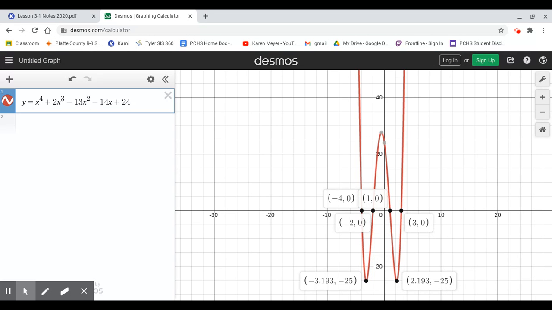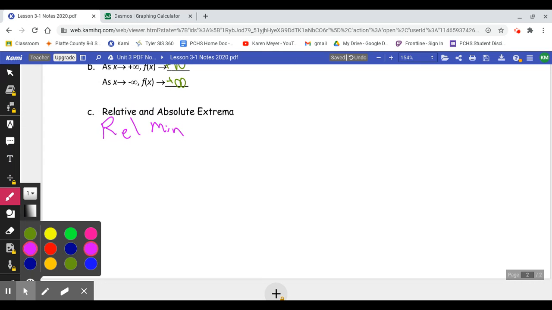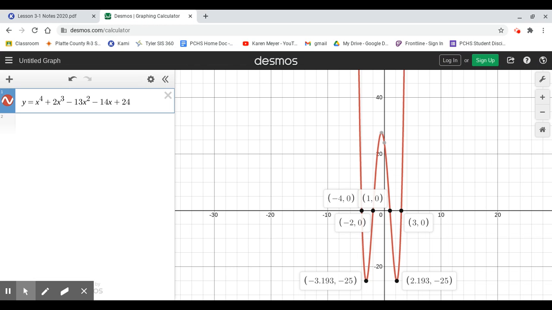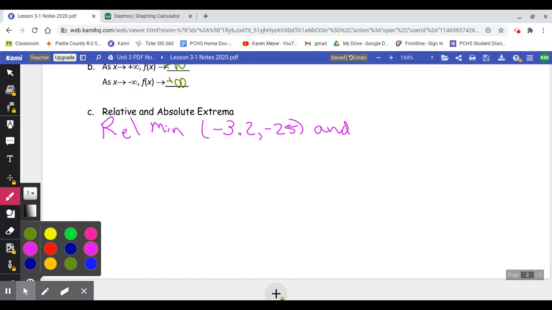And then I'm going to take the ordered pairs they give me and round to the tenths. So instead of rounding out several places like they do, I'm just going to round it to the tenths. So the first one is -3.2, -25. And the second one is 2.2, -25. Now, I'm so sorry you can hear my puppy barking.